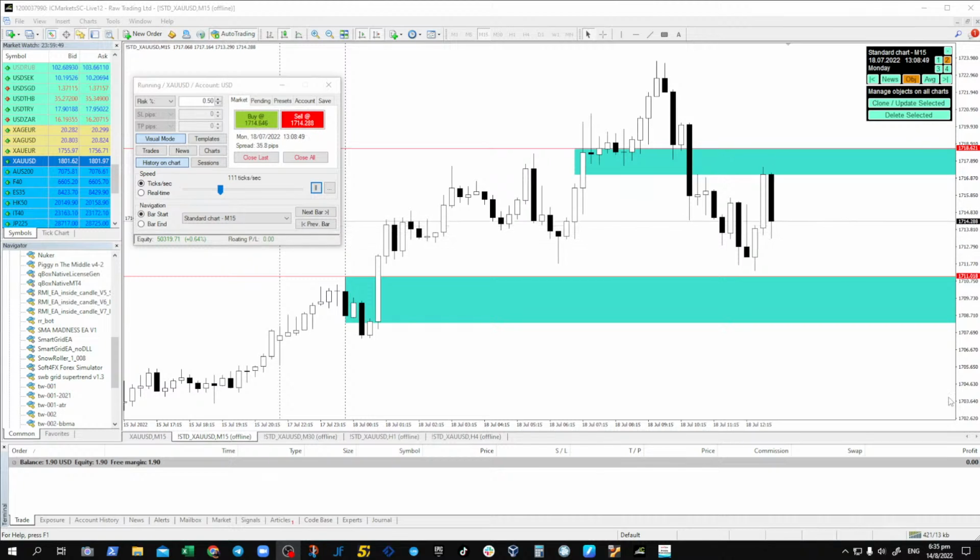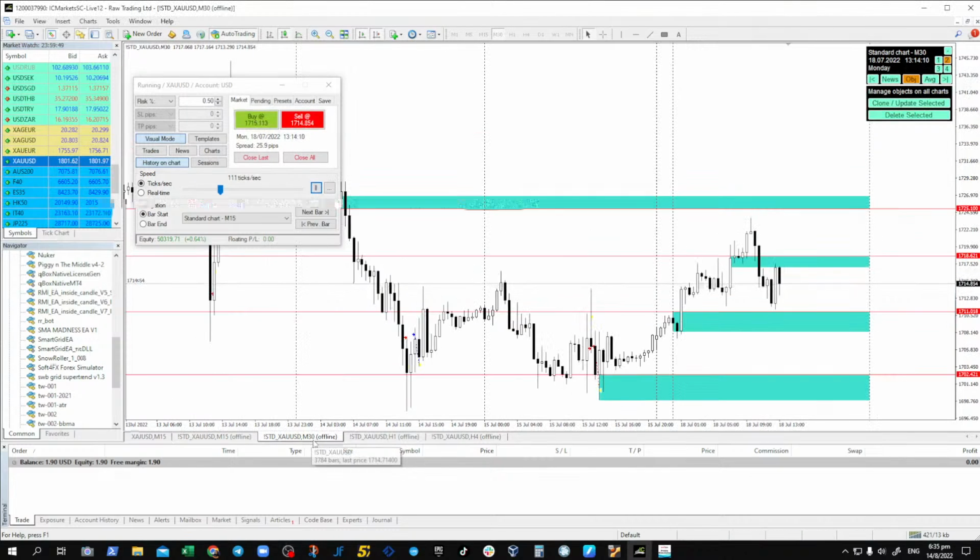As you can see here, price broke the low of this candle. However, it looks like it's going to reject up. So this is very tricky price action. If we look at M30, on the other hand, it is actually giving us an opportunity to go for a buy.